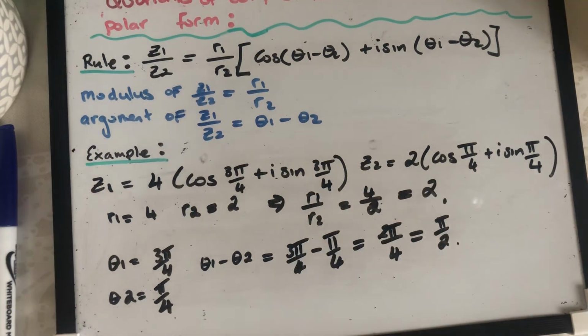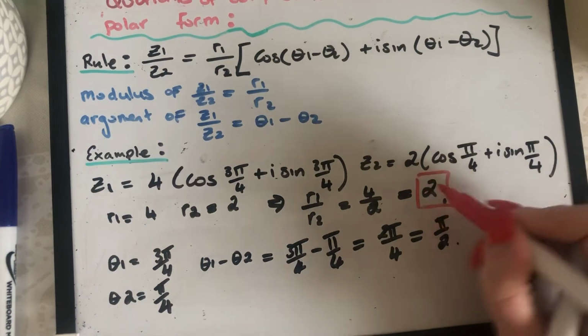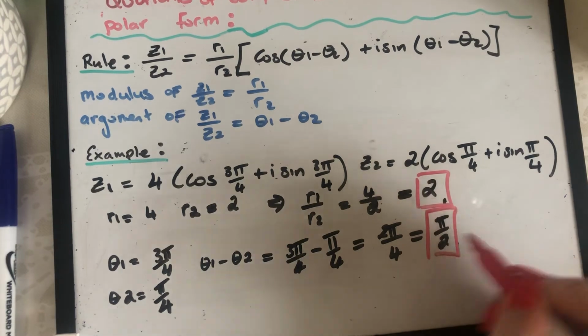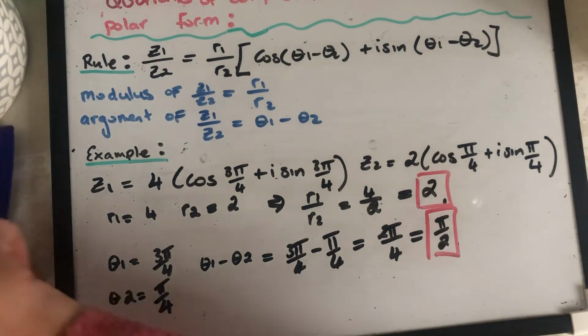So the two values we're inputting into our formula above is 2, because that is R1 divided by R2, and then pi over 2 because that is theta 1 minus theta 2. So let's write out our answer here.